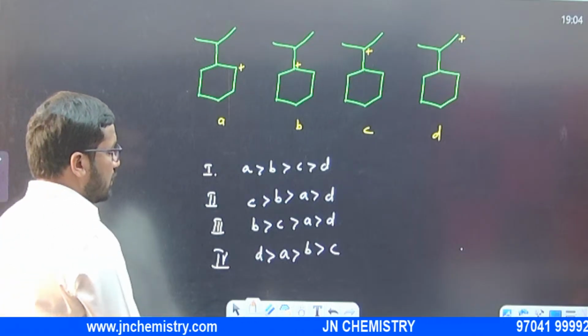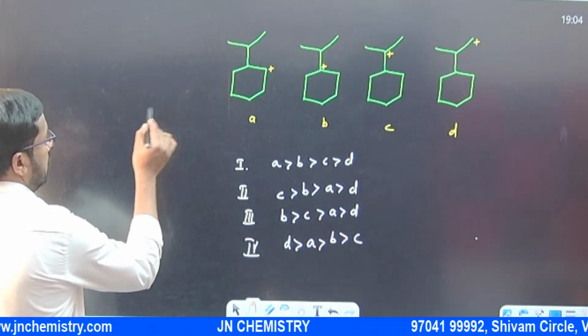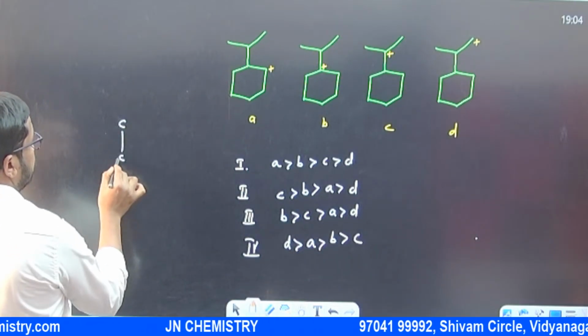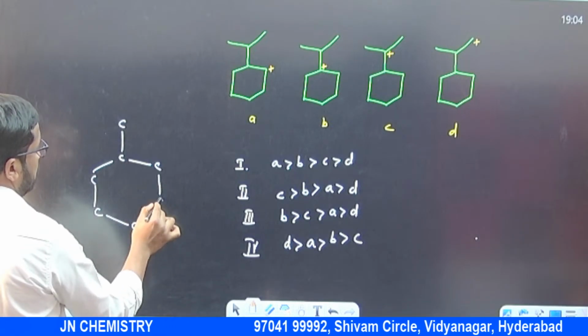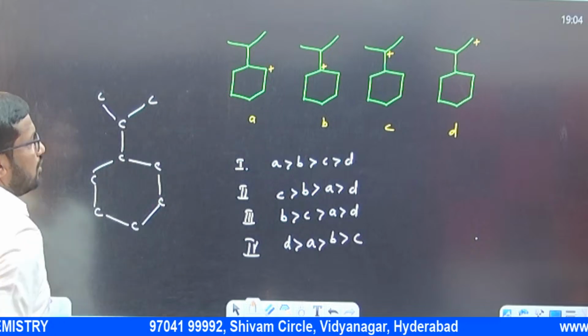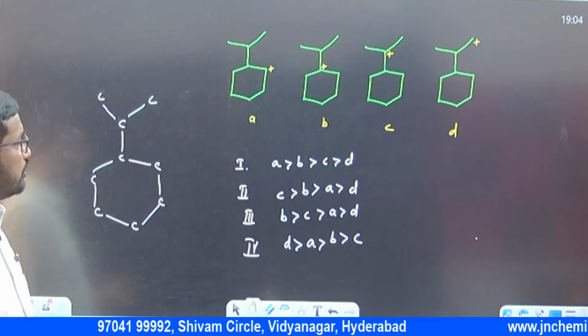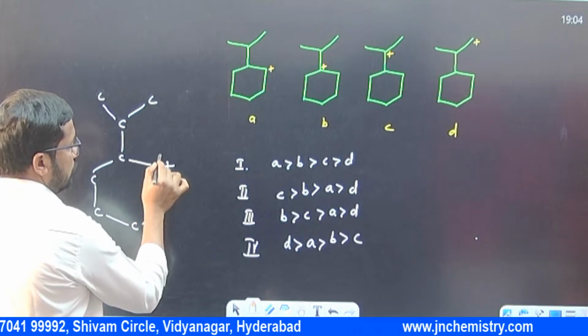How do we write the normal structures? Write the carbon skeleton. Then how many hydrogens are required? Put that many hydrogens. For example, here is the positive charge, here is only one hydrogen.